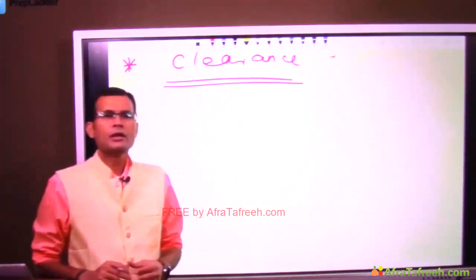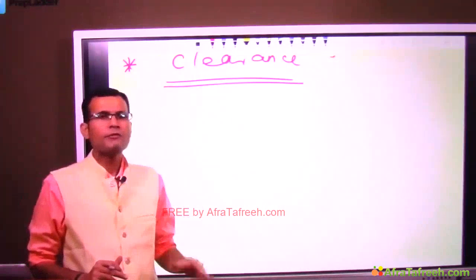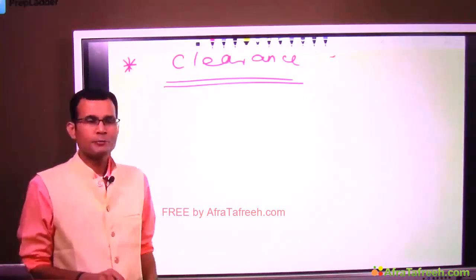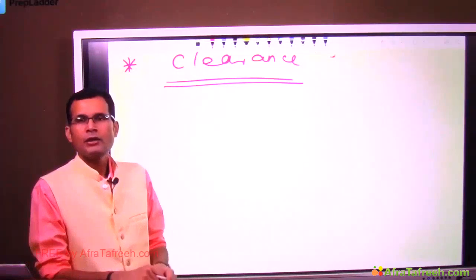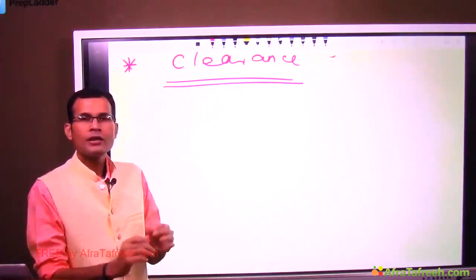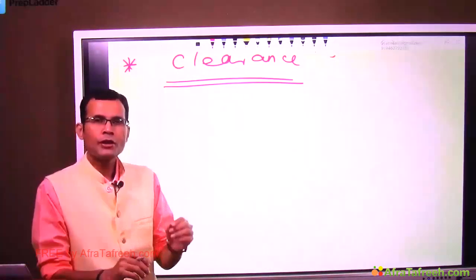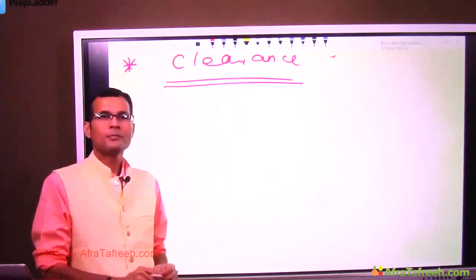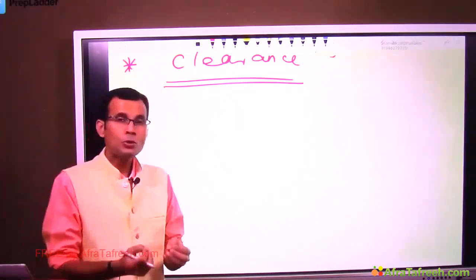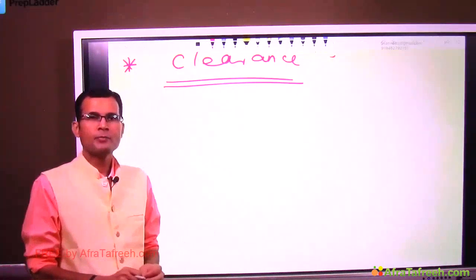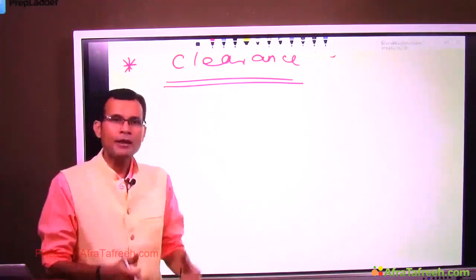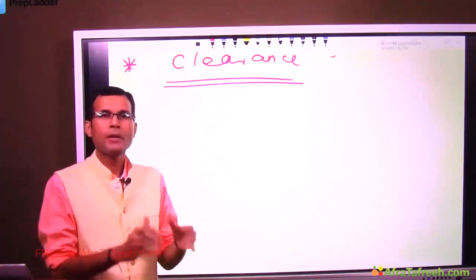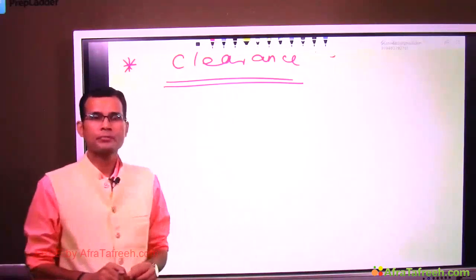Basically, it's defined as, now look at the definition. It's a slightly convoluted definition. It says clearance is the theoretical volume of plasma or notional volume of plasma or hypothetical volume of plasma that is completely cleared of a substance per unit time.